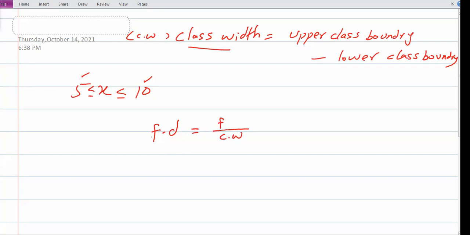So if for a histogram you have to find the height of the bar, you need frequency and class width. Frequency always tells you the total numbers, the number of objects or number of people. Class width will tell you the size of the class, while frequency density will tell you the height of the bar.